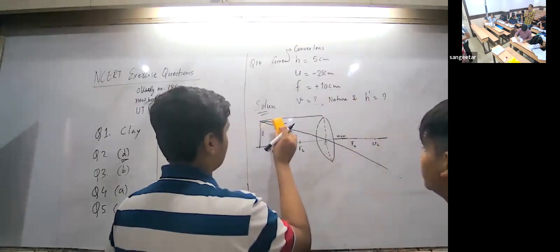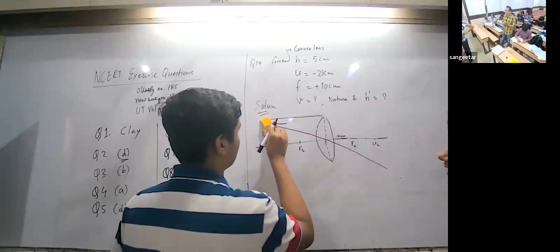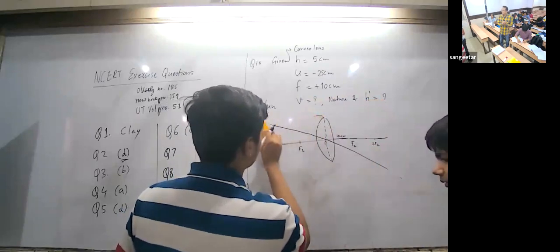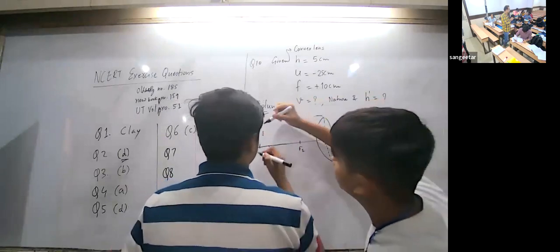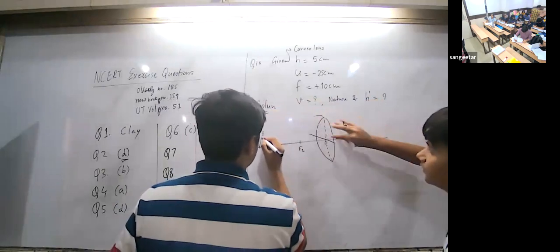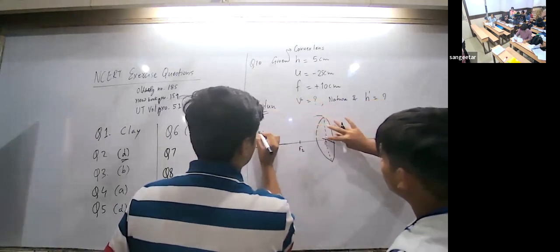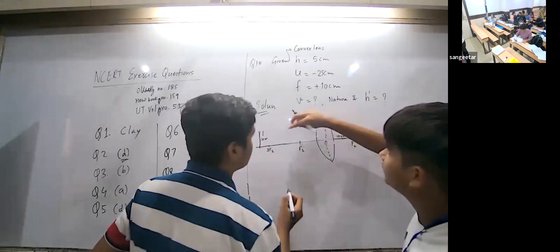How is your parallel ray going above the lens? Help him. Even convex lens, height, object.